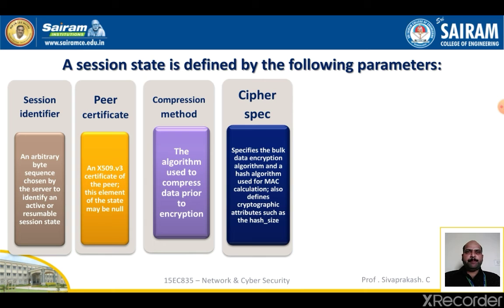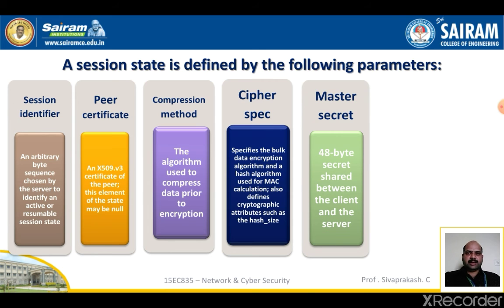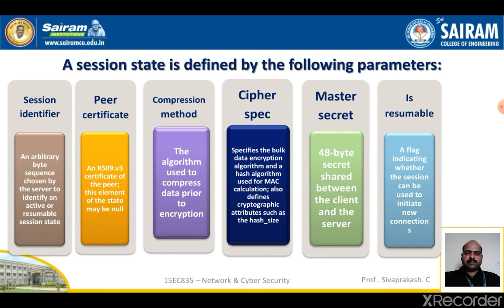This specifies the bulk data encryption algorithm, such as null, AES, etc., and a hash algorithm such as MD5 or SHA-1 used for MAC calculation. It also defines cryptographic attributes such as the hash size. Next is the master secret, a 48-byte secret shared between the client and the server. Finally, the is resumable flag indicates whether the session can be used to initiate a new connection or not. These are the parameters of a session state.